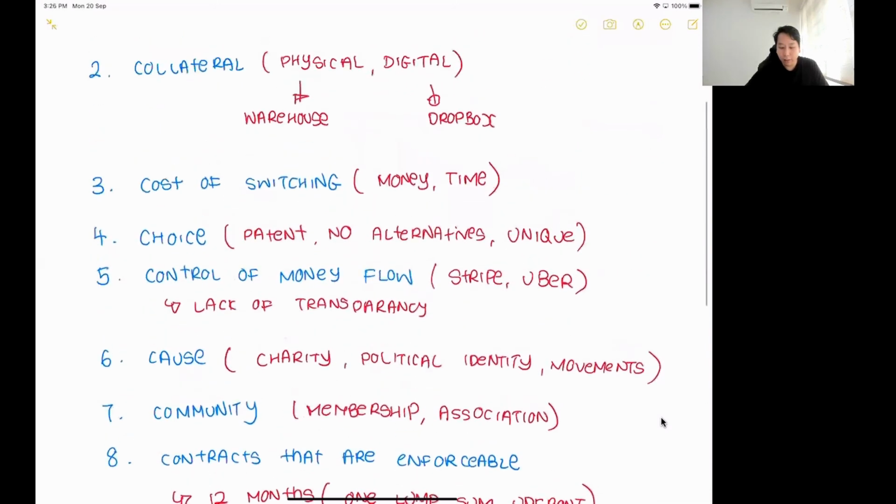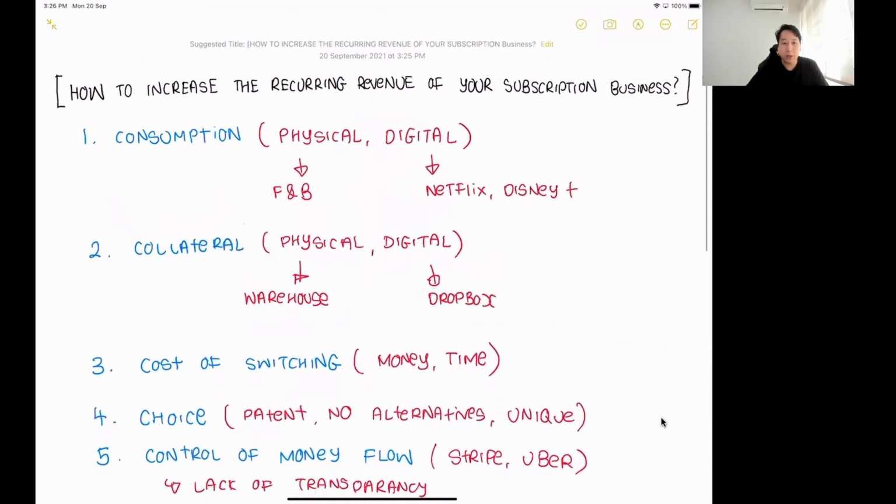Coming back, I shared 8 tips on how to increase recurring revenue for your subscription business. The first tip is consumption: how repetitively people are consuming your products, whether physical or digital. The second tip is collateral, whether your business model has some sort of collateral model, physical or digital.